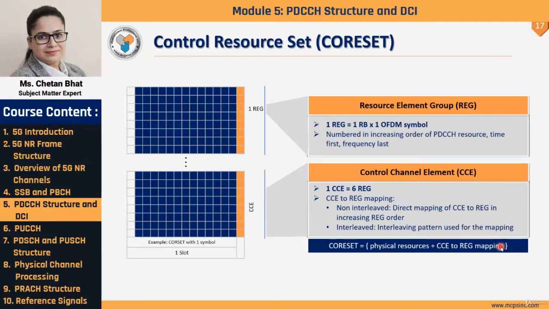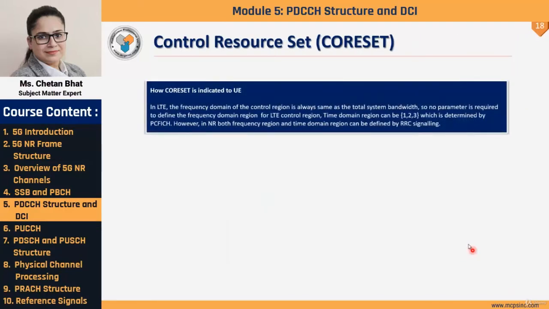So it is whatever resources you are occupying for PDCCH plus the CCE to REG mapping. Let's see it with the help of an example: how the CORESET is indicated to the UE. When we talk about LTE, the PDCCH was occupying the whole bandwidth.